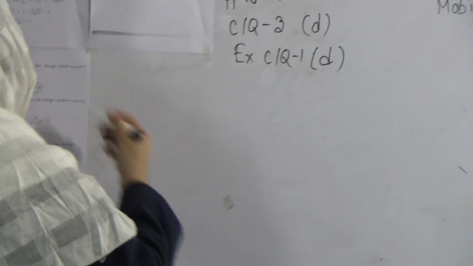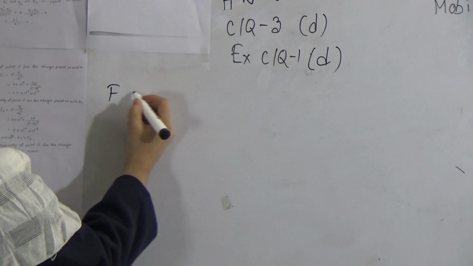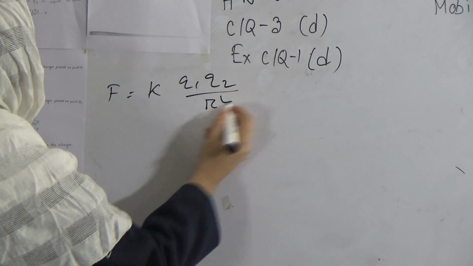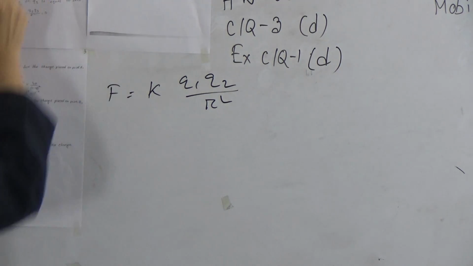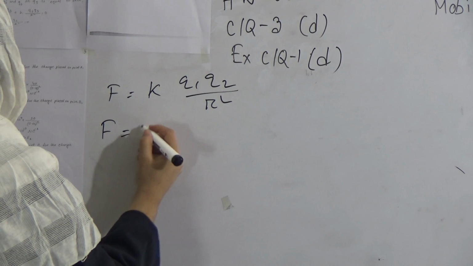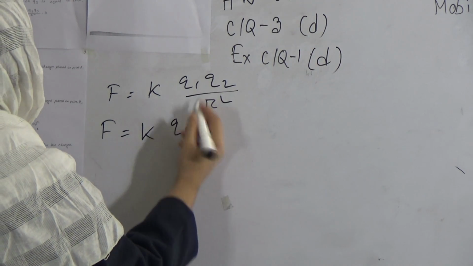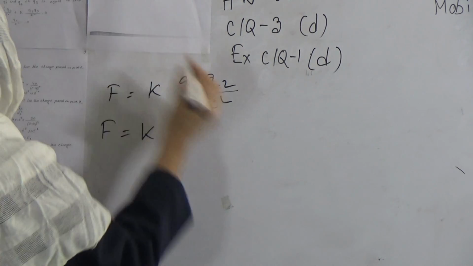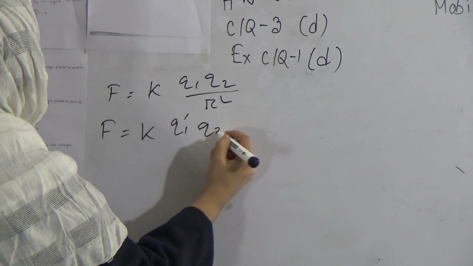We know that Coulomb's law F equals K Q1 Q2 divided by R square. Okay, so for charge Q1 and Q3 we can write this equation. F equals K Q1 means Q1 dash, and Q3 that is Q2 means Q3 dash.